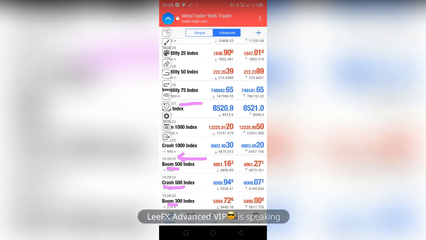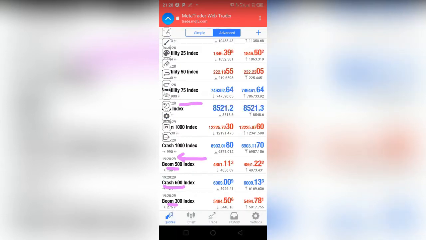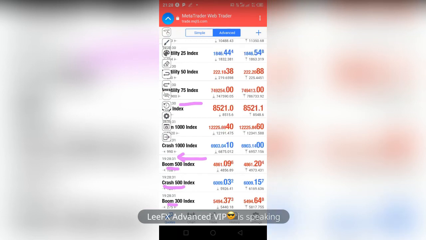Have you seen the time? Yes, I'm able to see it. So with them, the time is 19:28, whereas here in Zambia, the time is 21:28. With this broker, the time is 19:28. So it means we in Zambia are ahead of them.